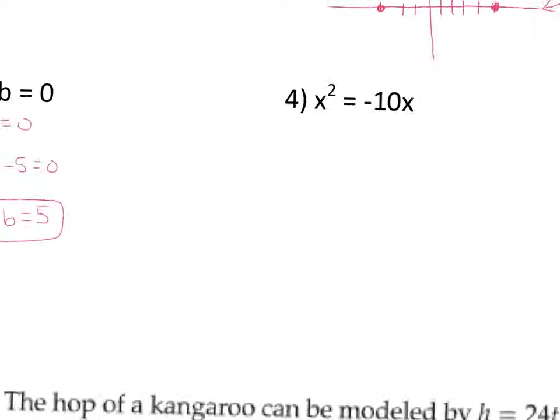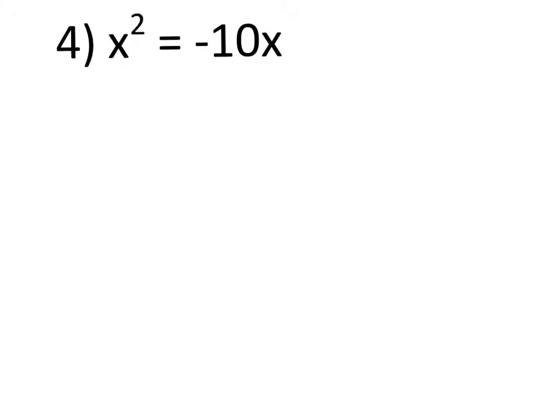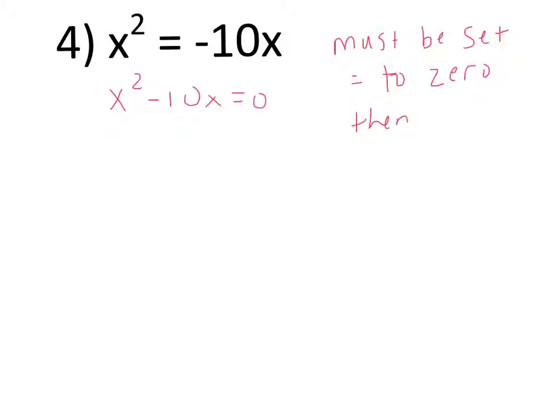All right, and on the next example here, if we look at this, we'll notice that it's not actually set equal to 0. Zero product property states that it has to be equal to 0. So the first thing I'm going to do is subtract off the 10x and put it on the other side. Okay, so off the side here, must be set equal to 0, then factor and solve.